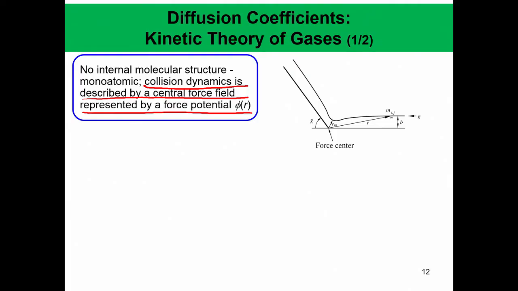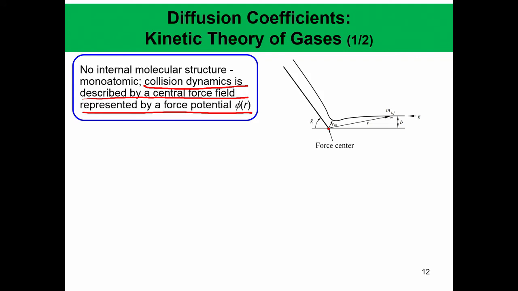Okay. So, instead of these hard collisions, we consider a central force field, with a force potential which describes the force field. We consider this molecule to be a point mass.